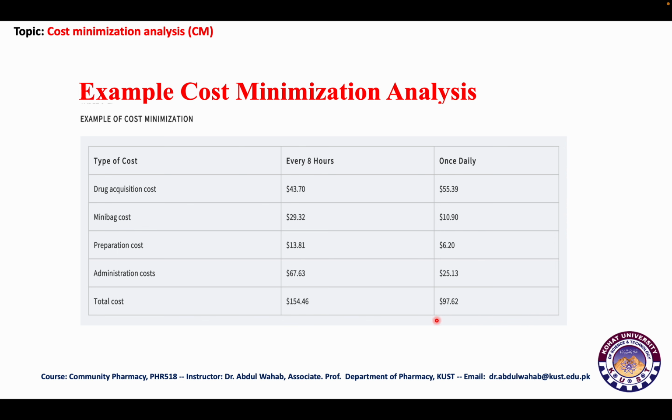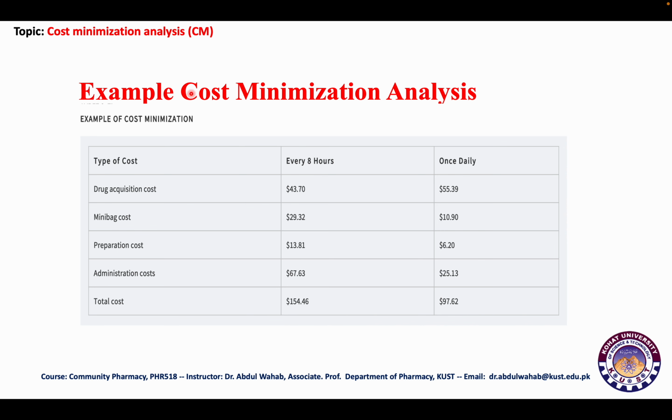So as you can see, there is a big difference between the total cost of these two dosage forms. In this table, the total cost for the product administered 3 times a day is $154.46 and for the product administered once a day is $97.62.